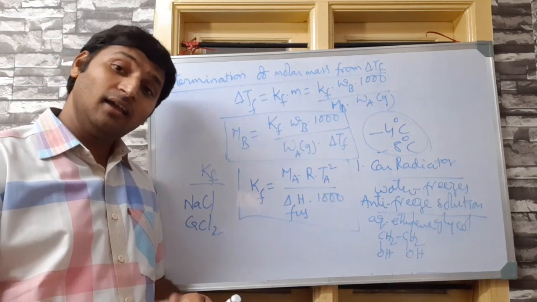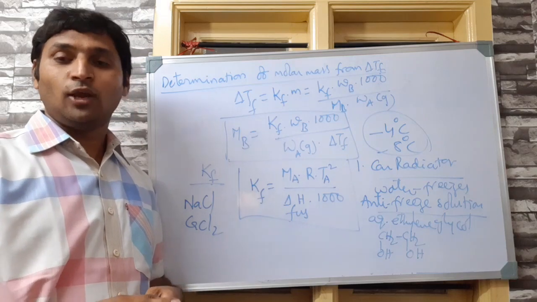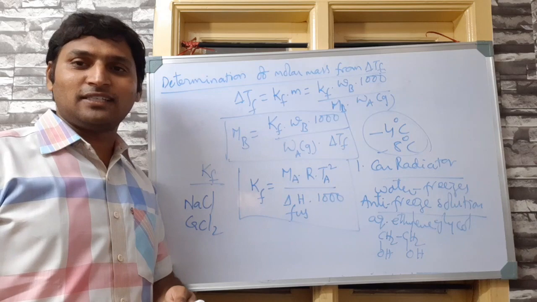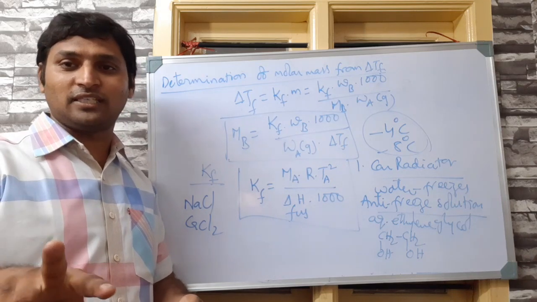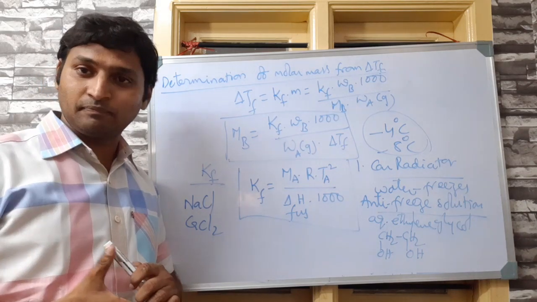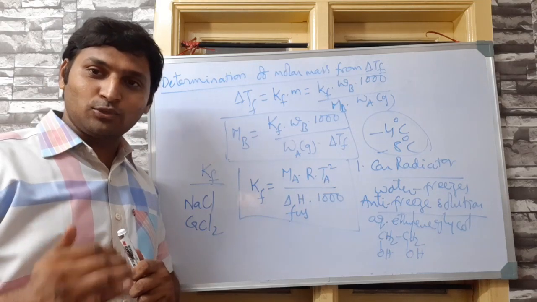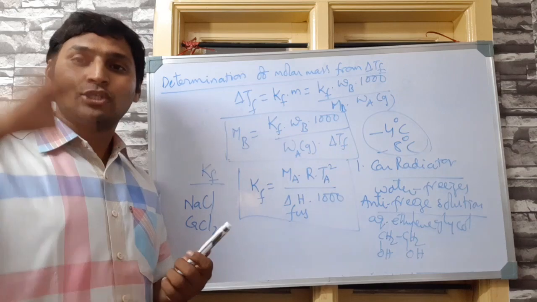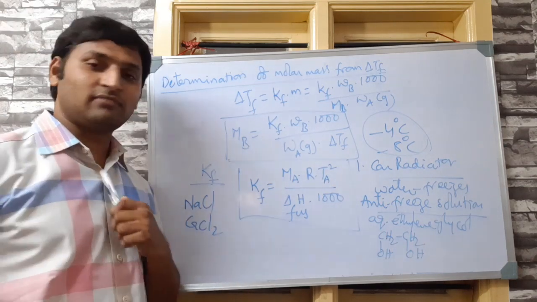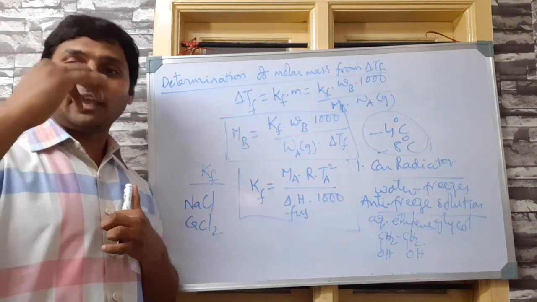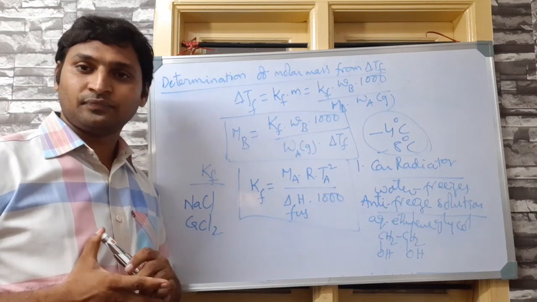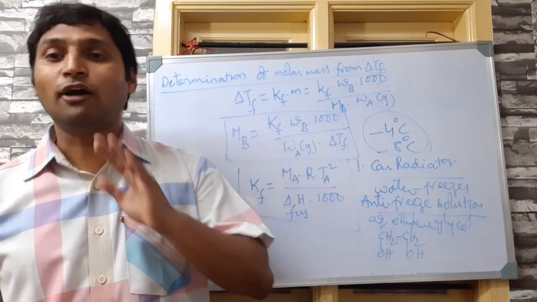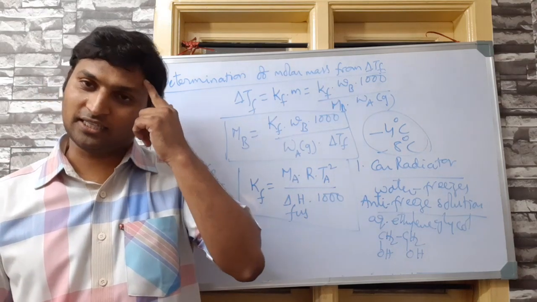Because you are adding the non-volatile solute, the freezing point reduces. Now, decrease in freezing point means decrease in melting point, because freezing point and melting point values are same. Now, melting point is reduced means below 0 degrees Celsius, ice starts melting. So, when snowfall happens, the ice starts melting even at lower temperatures. These two are direct applications of depression in freezing point.